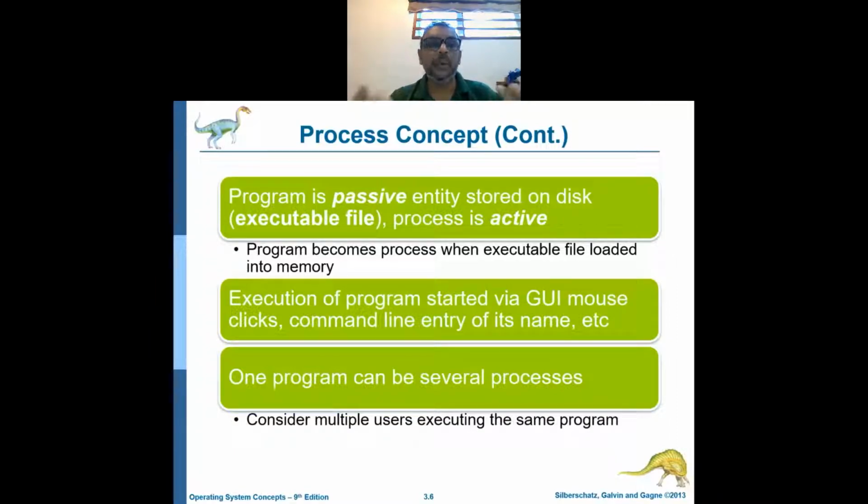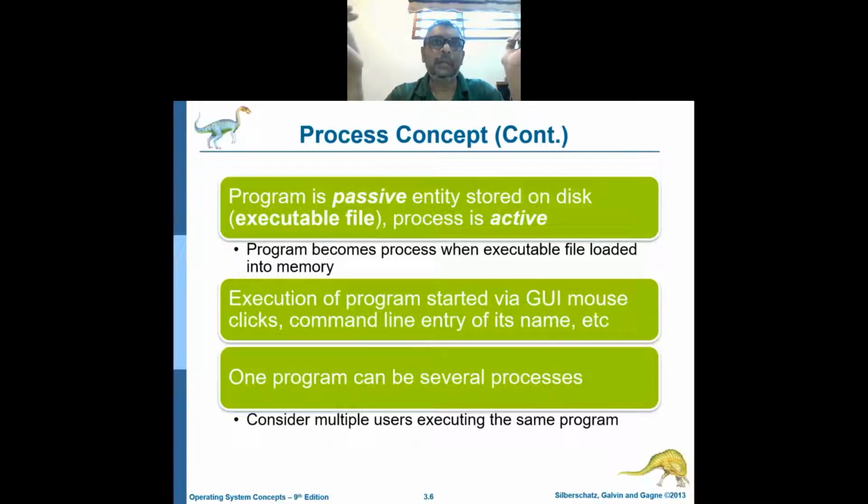A program becomes a process when the executable file is loaded into the memory. So once you double click the file, that particular program now becomes a process and it's brought into the memory. What memory are we talking about? It's RAM. So let's say the program size is, for argument's sake, 1 megabyte.